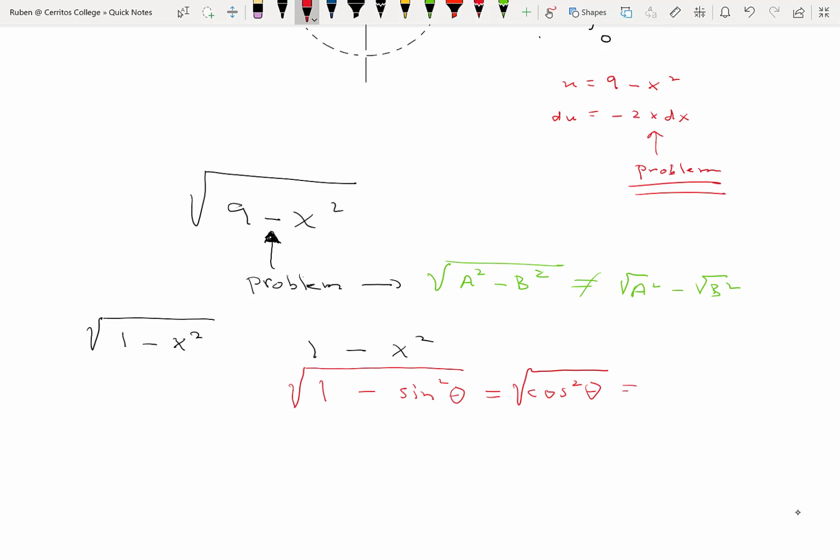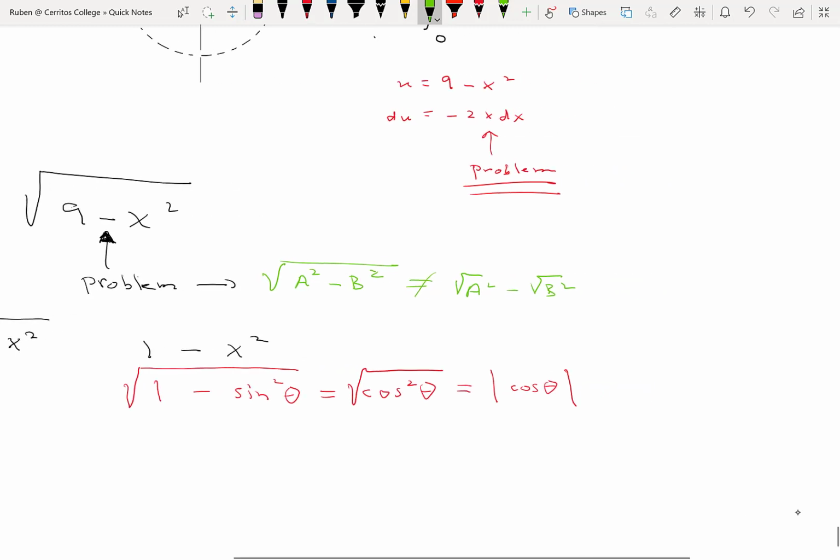I have another little problem in that you can't just get rid of the square and square root. A lot of students will do that. We have the absolute value involved here. Remember from algebra, this is a big deal, that the square root of a squared is not a, it's the absolute value of a.